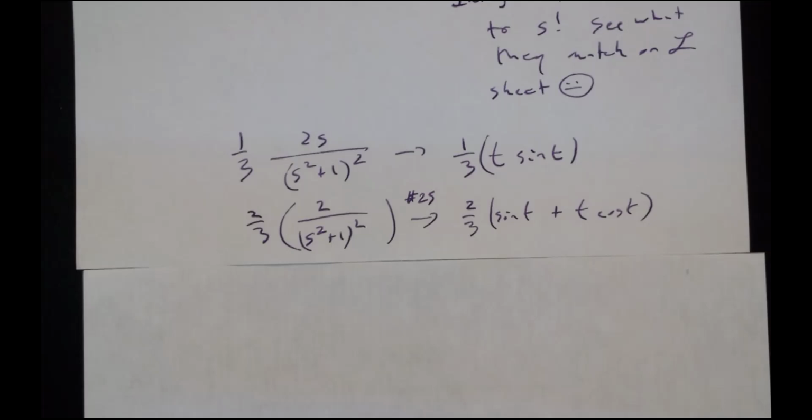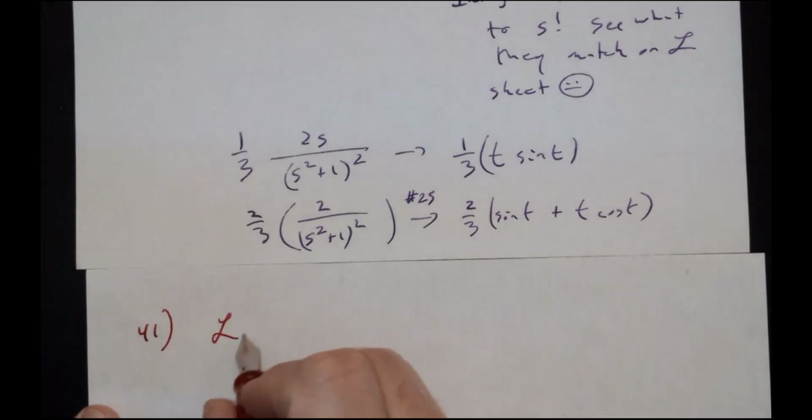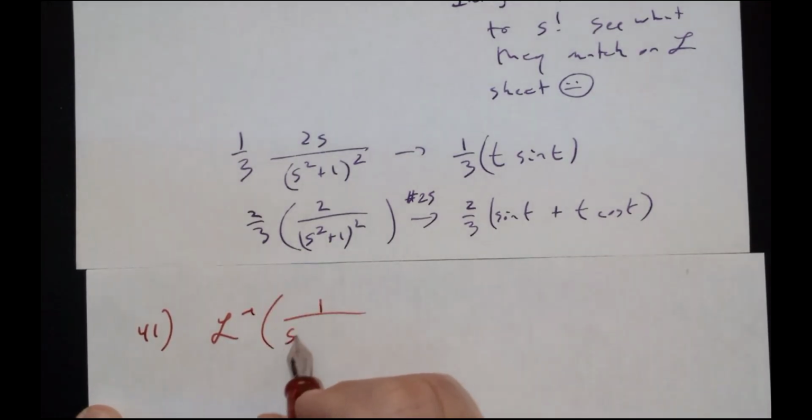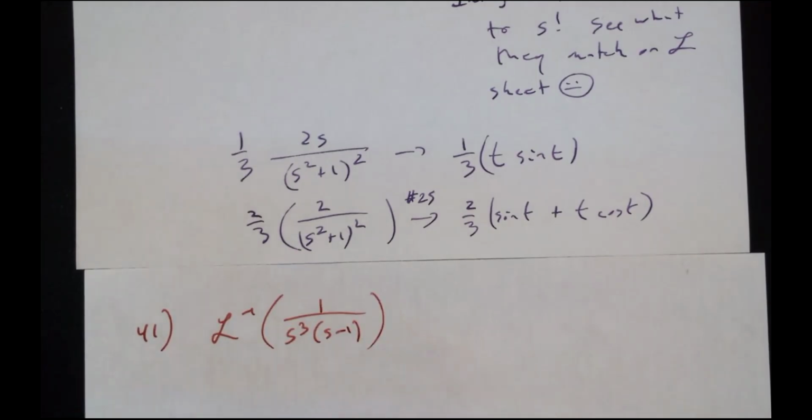Oh, okay, with the s squared and the s in the bottom, right? You wanted 41. It says use 9. Okay, so 41: the Laplace inverse of 1 over s cubed times s minus 1. So what's 9? Let's go back and look.